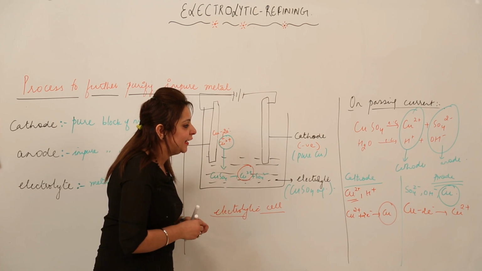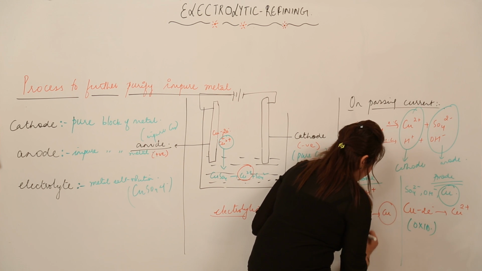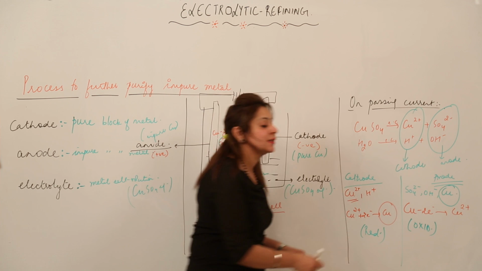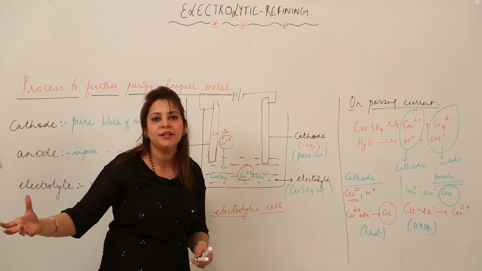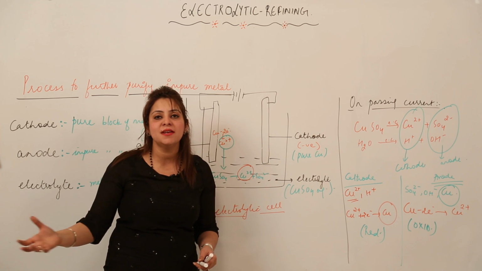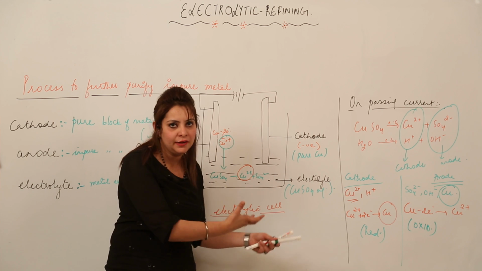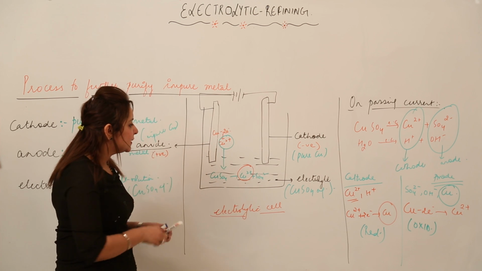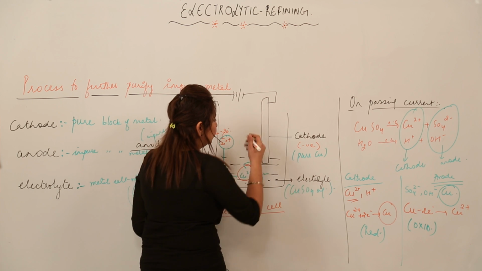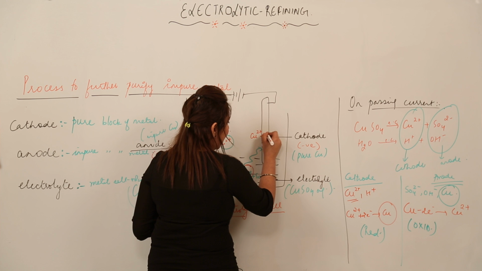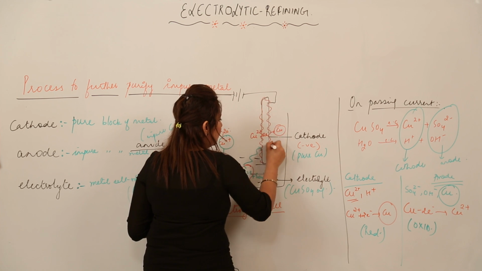So oxidation takes place at the anode and reduction takes place at the cathode, right. The same reactions which we saw in electrolytic reduction, in basic electrolysis, or in electroplating are applicable here as well. These Cu2+ ions move here and gain their electrons back, that means reduction, and the cathode gets coated with pure copper.